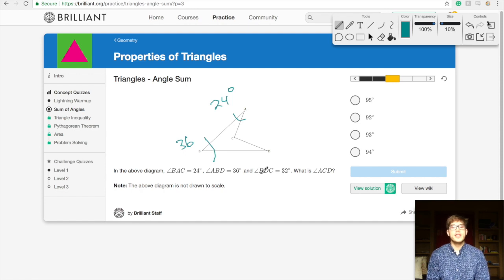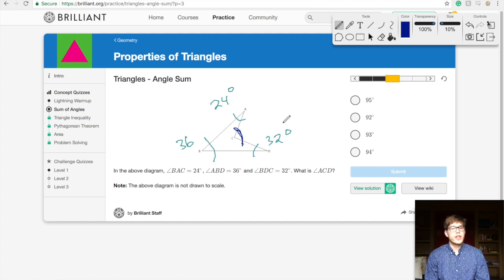And angle BDC, so this angle is 32 degrees. What is angle ACD? So it's asking for the angle on this outside here. That's the angle we're looking for.